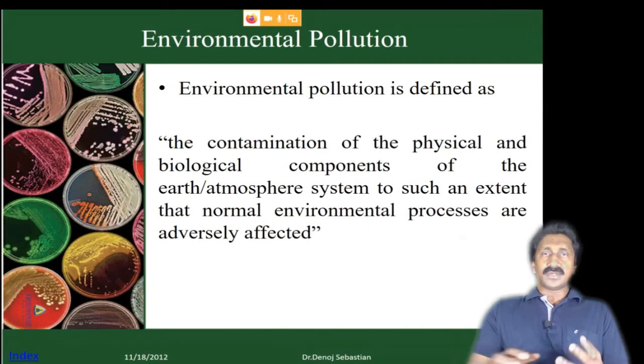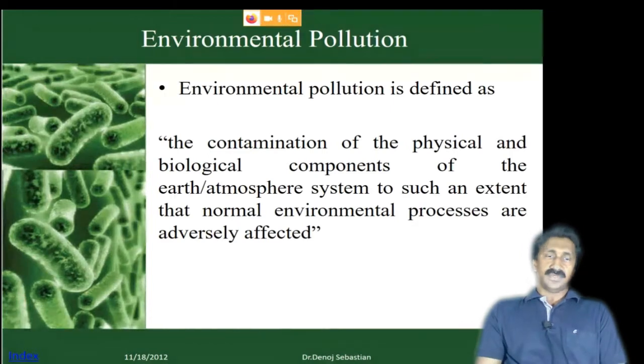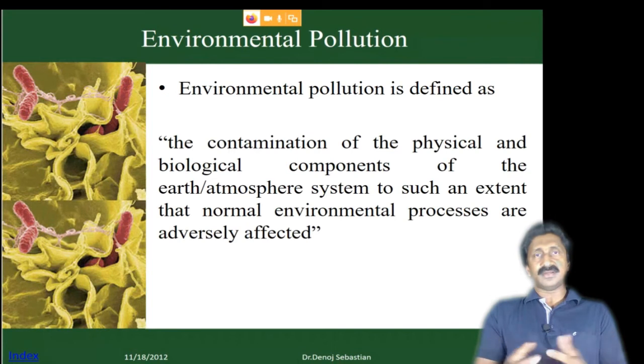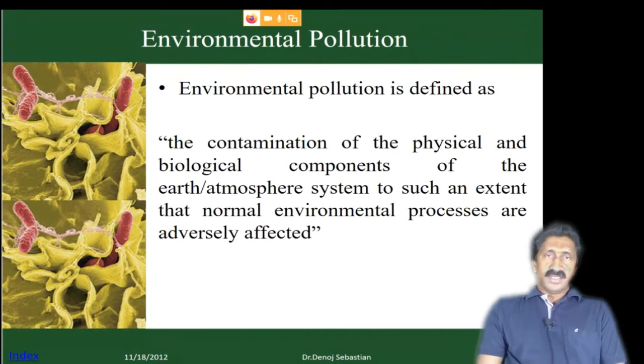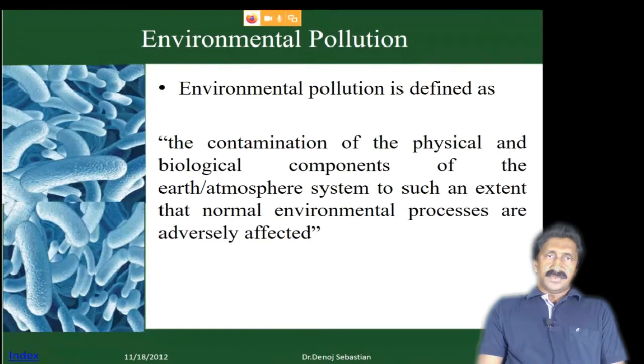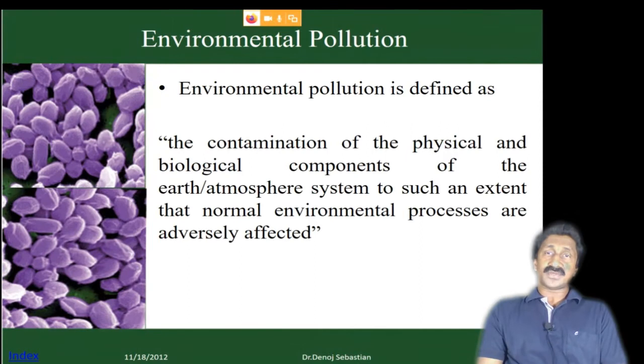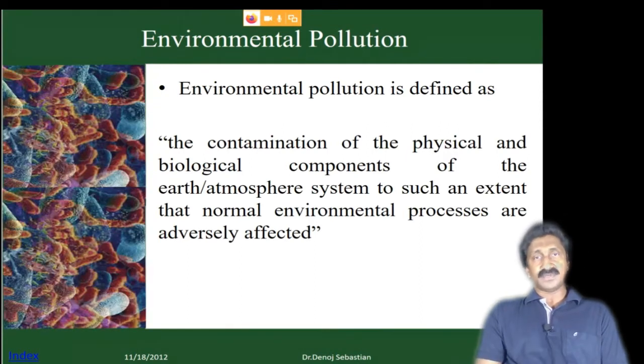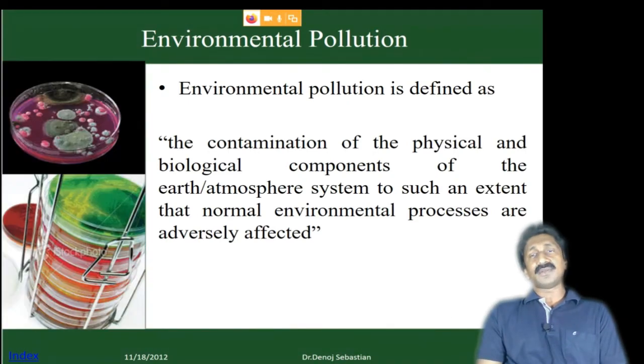So when we talk about monitoring of environmental process, why are we monitoring the environmental process? Especially, all these things will be related with the environmental pollution. And environmental pollution may be defined as the contamination of the physical and biological components of the Earth atmosphere system to such an extent that the normal environmental processes are adversely affected.